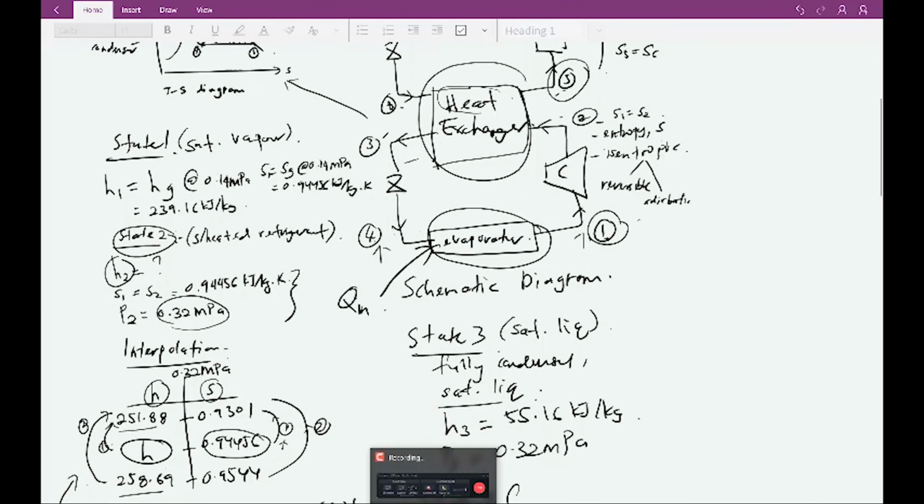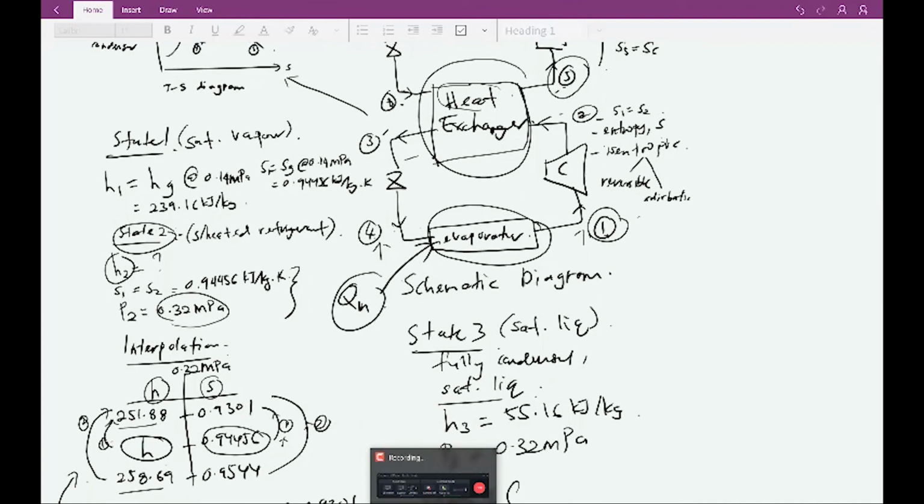To calculate the Q in, we need to use equation Q dot in equal to m dot (H out minus H in). What is your m dot here?